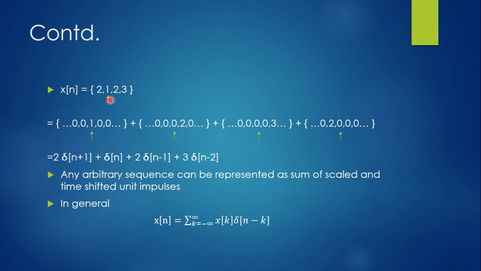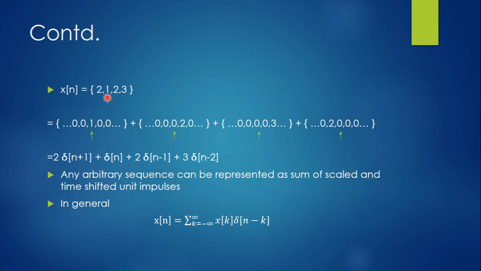First has only 1, all others are 0. Second has only 2, all others are 0. Third has 3, all others are 0. Similarly, this is 2, all others are 0. Only one non-zero sample in each of the components.